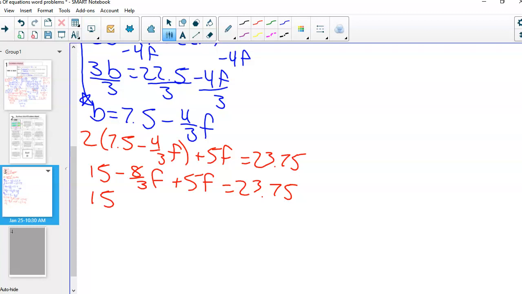Negative 8 over 3 plus 5 is 7 over 3. Or 2 1/3, or 2.3 repeating.